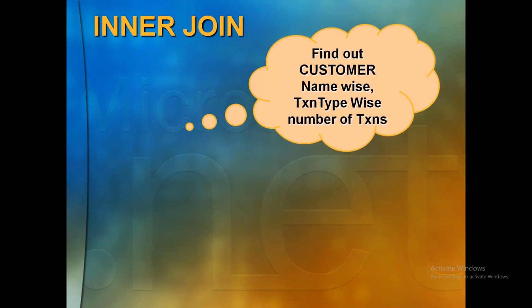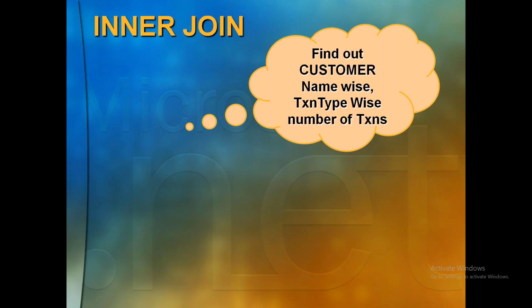The next query is: find out customer name wise, transaction type wise, number of transactions. You must know customer name is available in the account master table, while transactions, cash deposit, cash withdrawal are available in the transaction master. I wanted to know each customer's number of transactions.